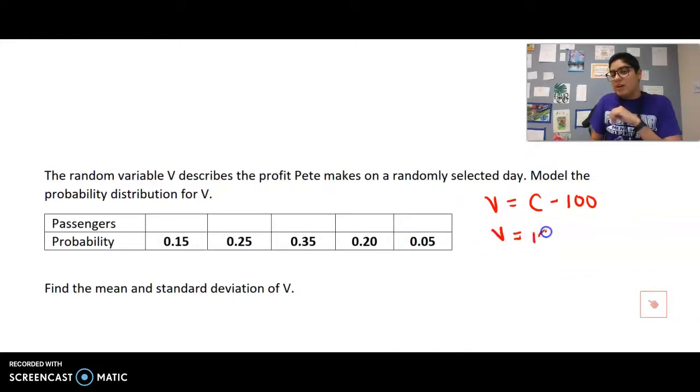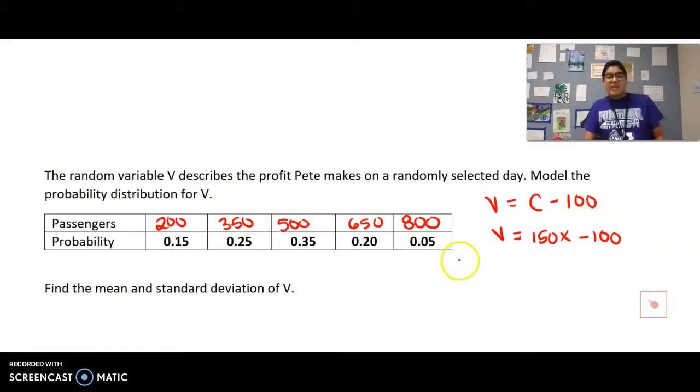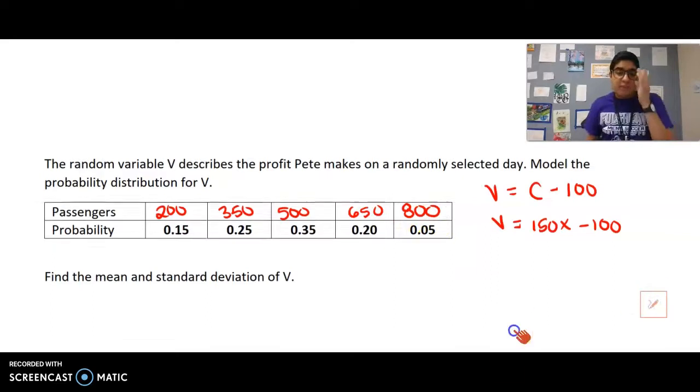And C was 150X, minus $100. So here I had 300, but I have to pay out 100, so that'll be 200. And I'm actually just going to shift each of my observations down by 100 units. So notice that from C to V, they've all shifted down a certain amount.